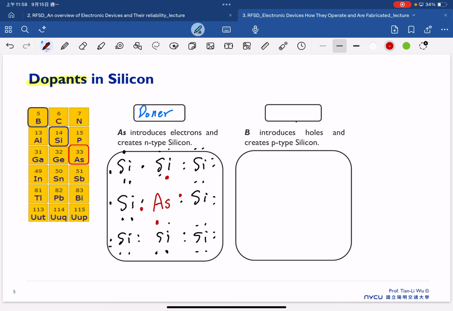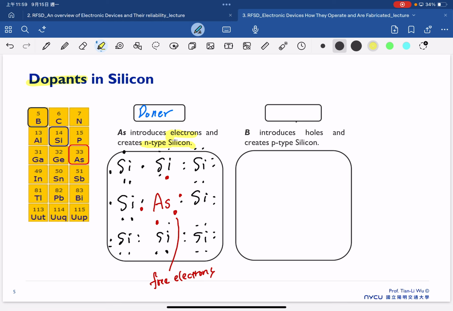But now we have 1 additional one here, and this additional one doesn't bond with the atoms nearby, so it becomes a free electron. That's why arsenic can introduce electrons and in the end create N-type silicon material.